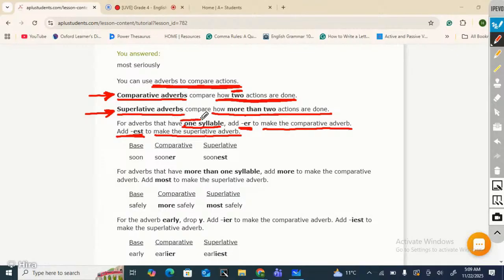But this is the case for those adverbs that have one syllable. If the adverb is a one syllable word, add er to make the comparative adverb and add est at the end of that adverb to make the superlative adverb. Look at the base form. If the base adverb is soon, the comparative adverb can be made by adding er because soon is a one syllable word.